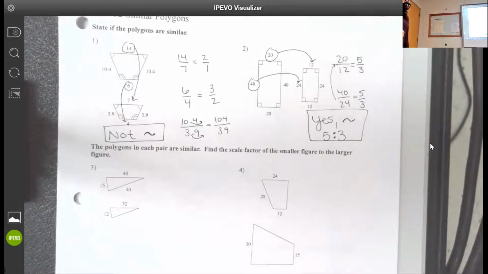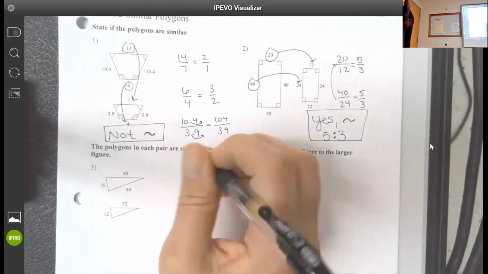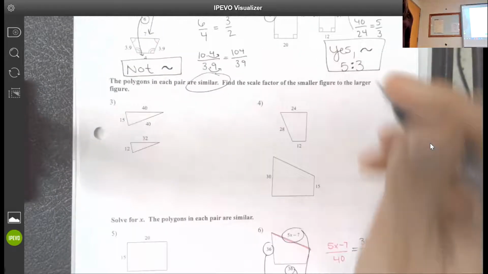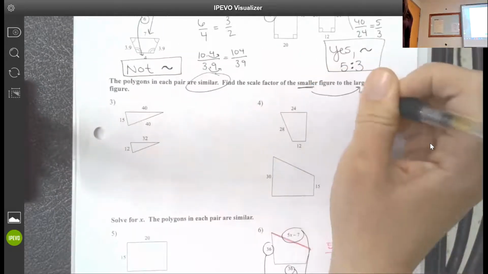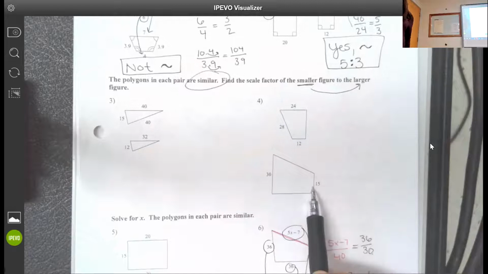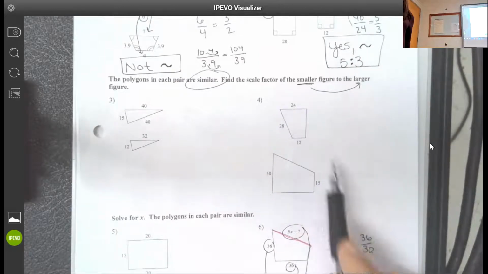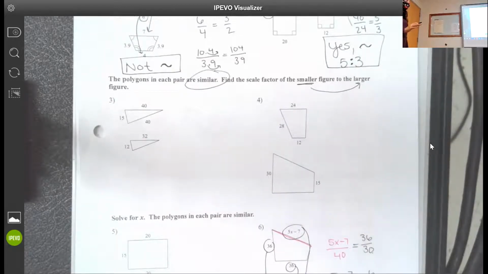Number 3 and 4 tells us that they're similar, and it wants me to find a scale factor going small to large. So let me just do 4, making sure I go small to large. I can pick any side, as long as I have both values. So I would say that 12 matches to 15, and even though this is flipped around, it's pretty obvious to me that these sides match.